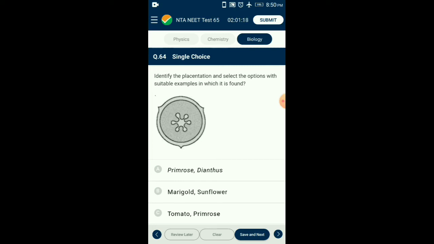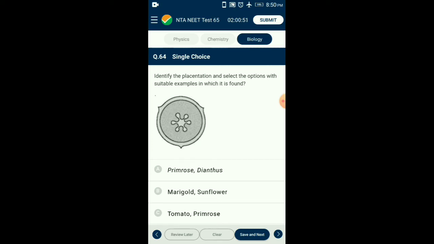Axial placentation: here the placenta is axial, making the ovary multilocular, and the ovules are attached to it. Example, tomato, lemon, China rose. Parietal placentation: here ovules are attached to the inner part of the ovary. The ovary is one chambered but later becomes two chambered due to the development of a false septum. Example, mustard or Argemone. Basal placentation.